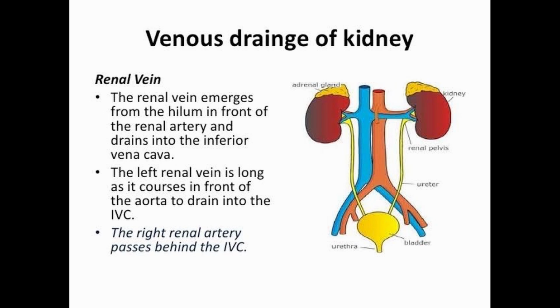So the left renal vein is longer than the right renal vein because it lies in front of the aorta. The right renal artery passes behind the inferior vena cava. So all the blood that leaves the kidney enters the renal vein, and from there it goes to the inferior vena cava. So this is the venous drainage of the kidney.